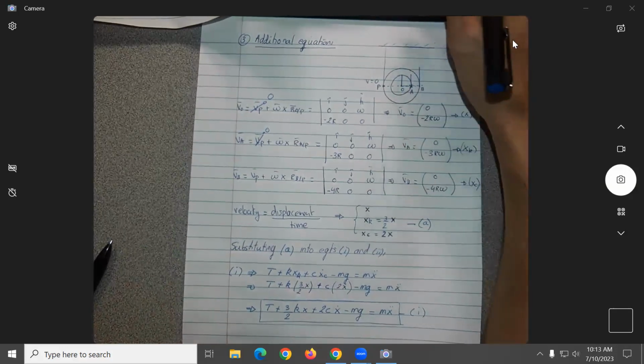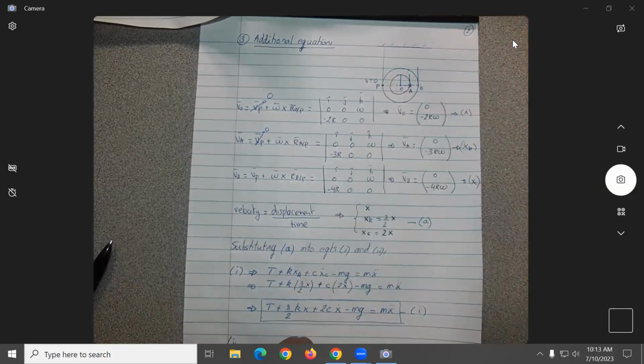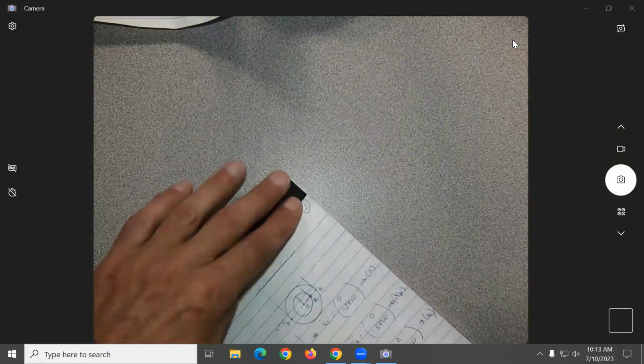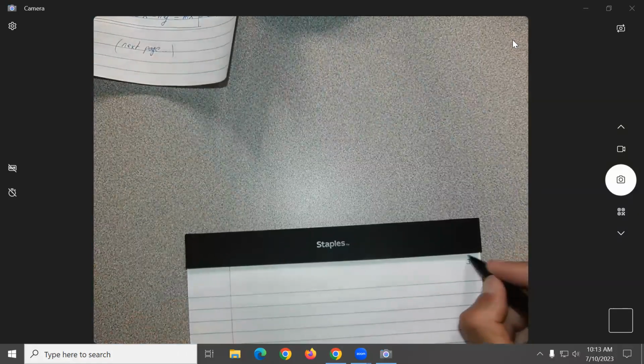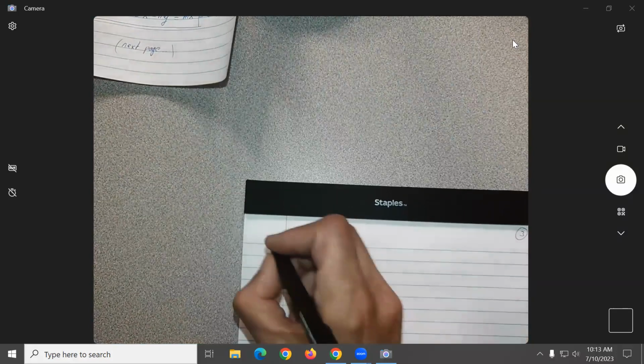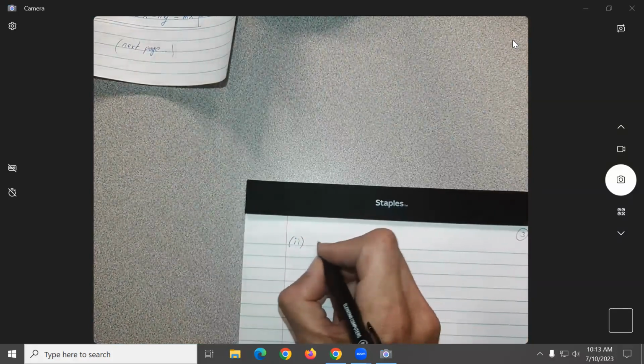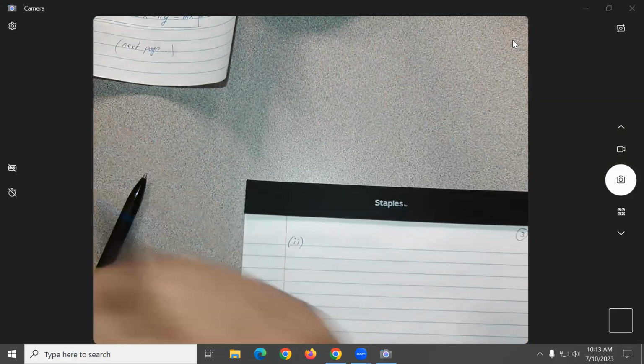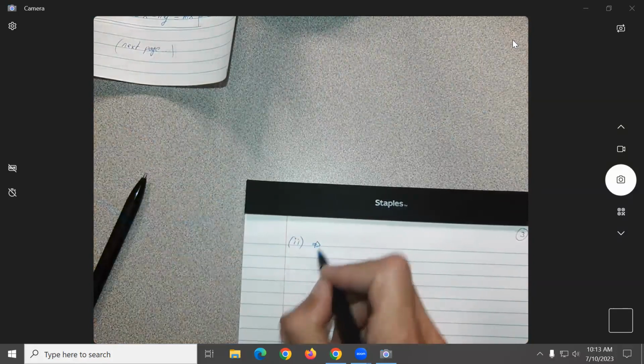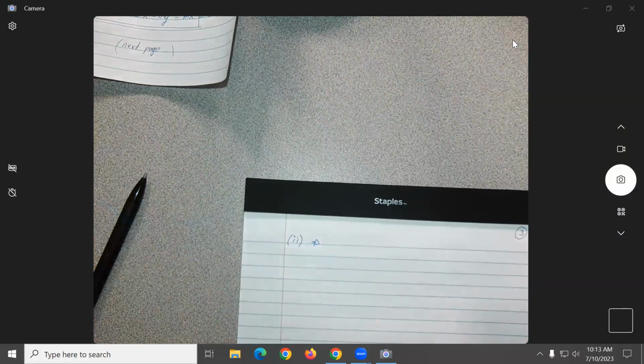Now, if I do the same thing for the second equation, maybe let me go to the next page. Equation 2. Let's see, what was equation 2?